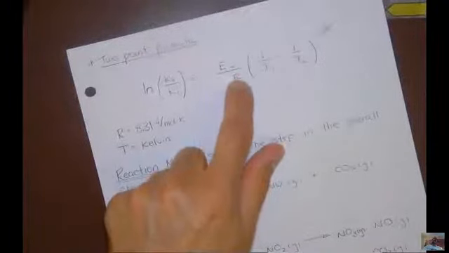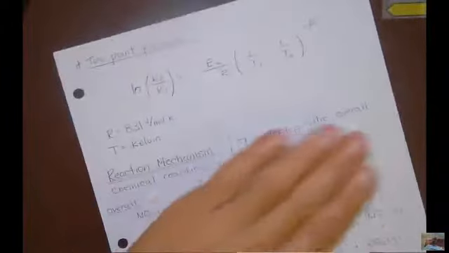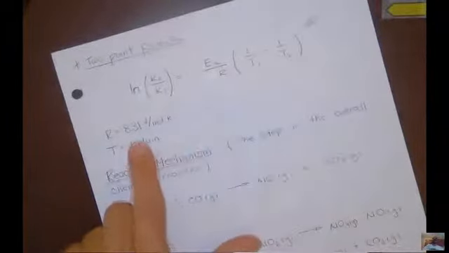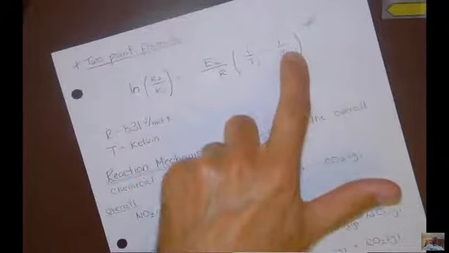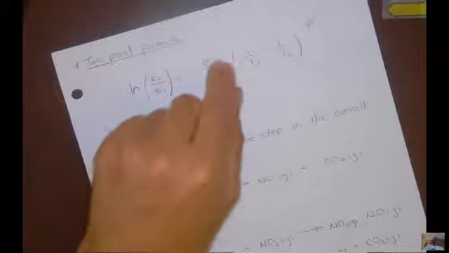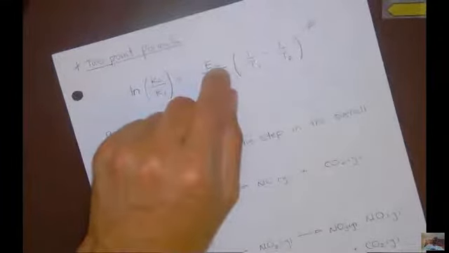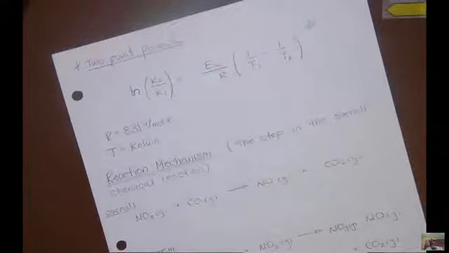It's just EA over R. So what's cool about this, first of all, make sure you put the temperatures in Kelvin. What's cool about this is if you know the rate constant at two different temperatures, you can use it to calculate the energy of activation. So let's go ahead and do that.